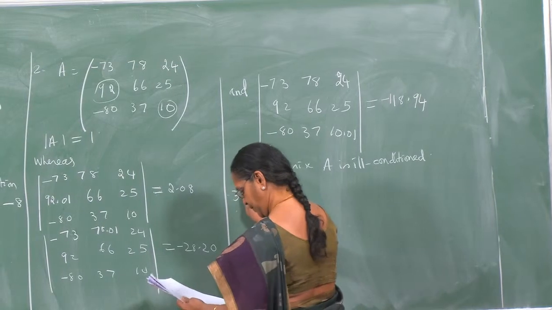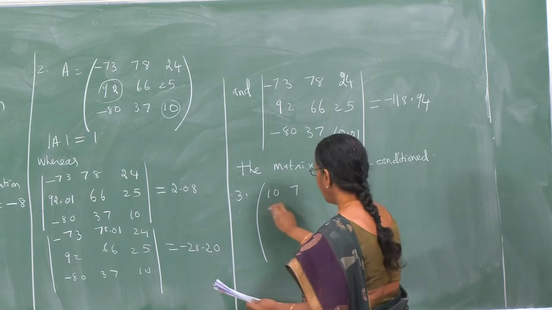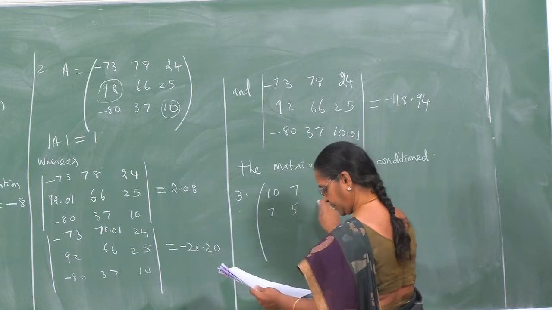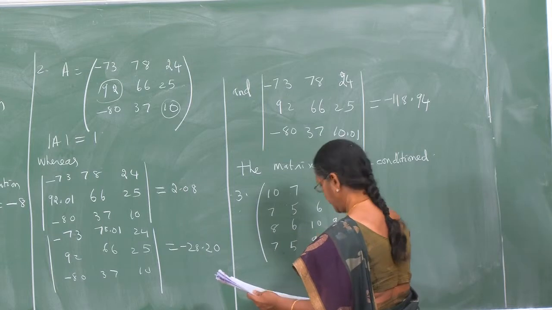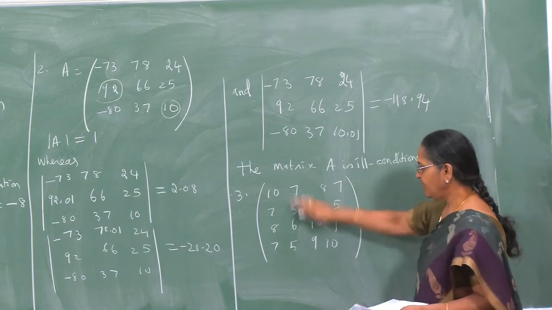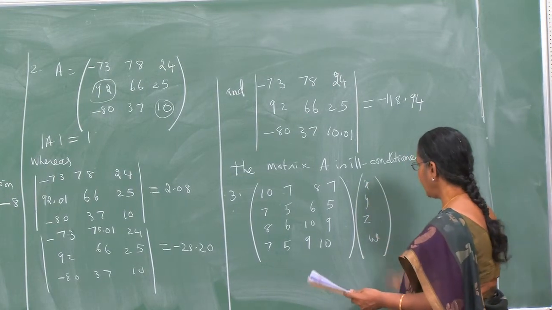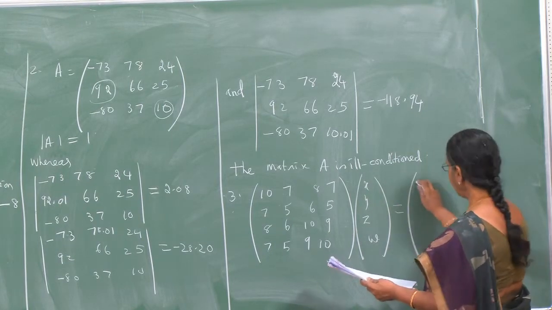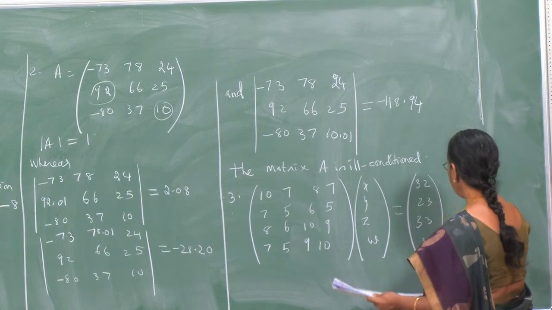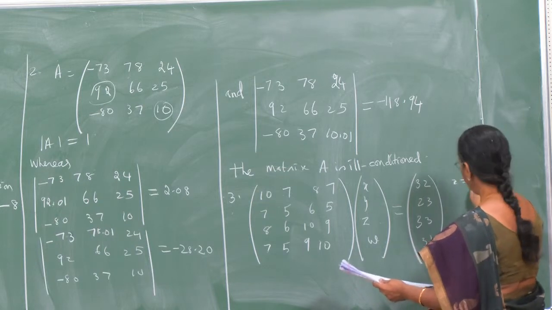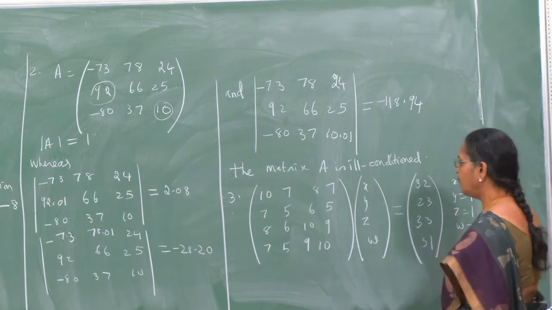Let us consider another example where I solve the system whose coefficient matrix has entries given by these, and I have to solve for the unknowns x, y, z, w, so that the right hand side vector is 32, 23, 33, 31, and I immediately observe that my solution is x is equal to 1, y equal to 1, z is equal to 1 and w equal to 1.